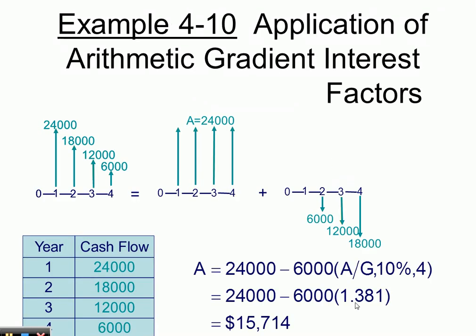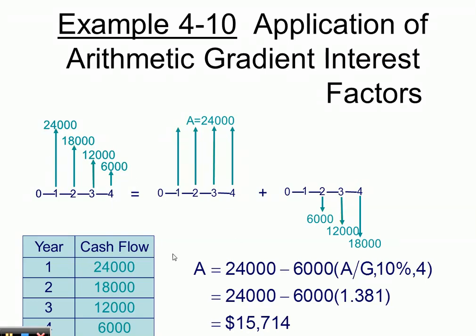What we are finding here is the equivalent, splitting them into the same exact amount over 4 years. Plugging in the value for the discount factor and subtracting it from 24,000, we get this much, and that's exactly the uniform series.